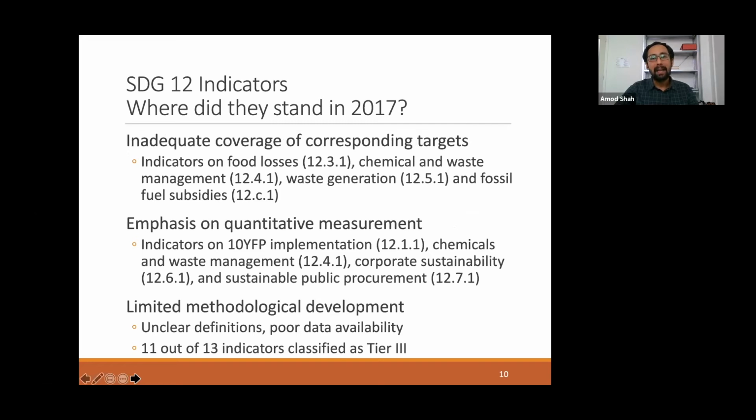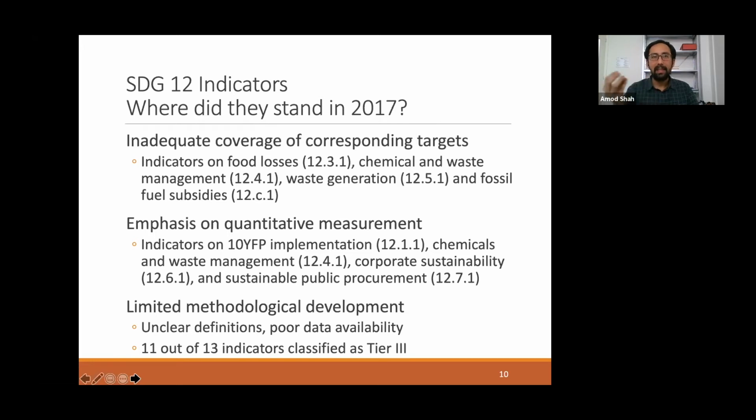So where did we stand at this point when the global indicator framework was adopted in 2017? One thing we felt is that the coverage didn't really match the targets. So if you look at an indicator like global food loss, which is indicator 12.3.1, it really doesn't cover food losses and food waste on the consumer side.